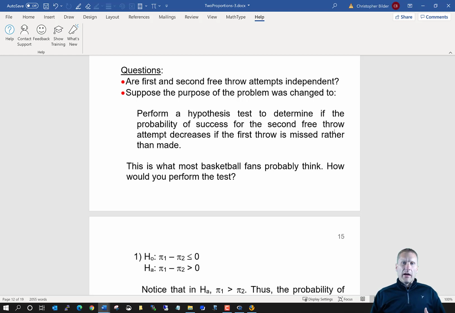I would generally say that for most basketball fans, their research hypothesis in this situation would be that the probability of success will be smaller on that second attempt if a basketball player misses rather than makes that first attempt. In other words, they would say pi 2 is less than pi 1, given how we constructed our contingency table. So what that means then is that our research hypothesis is pi 1 minus pi 2 is greater than 0.